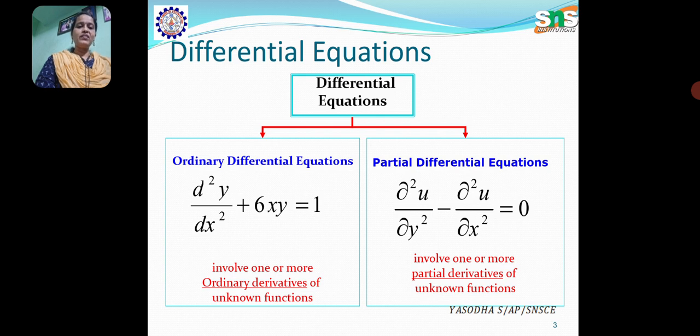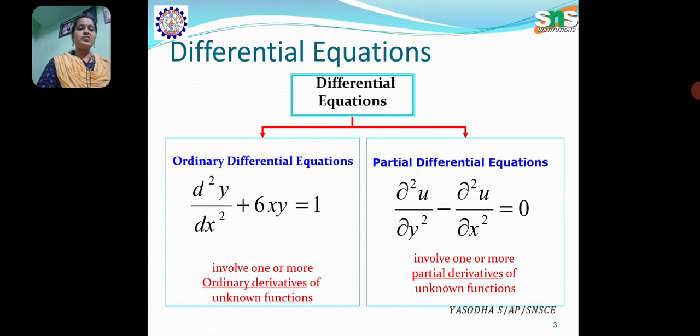So if an ordinary derivative exists in the equation, that equation is called an ordinary differential equation. It involves one or more ordinary derivatives of unknown functions. For example, d square y by dx square plus 6xy is equal to 1.